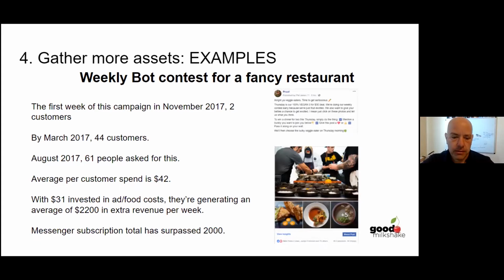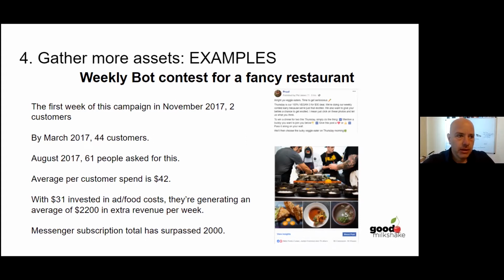Enormous response. They were getting somewhere in the neighborhood of 25 to 30 customers per week, and we increased it to about 44, 45 or so per week, just by giving away one of these dinners per week. Another idea is giving something away that you'd probably not be filling that seat with anyway.